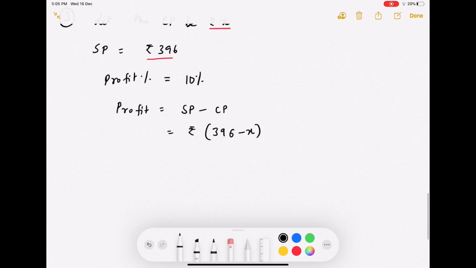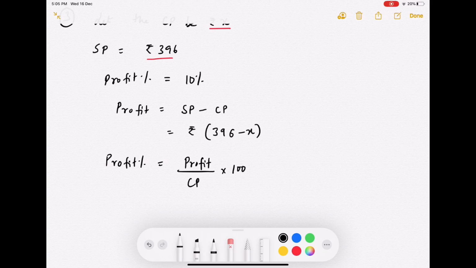And we know the concept of profit percent. What is the rate of profit or profit percent? That is equal to your profit on your cost price, the fraction profit by cost price into 100. This gives me profit percent.